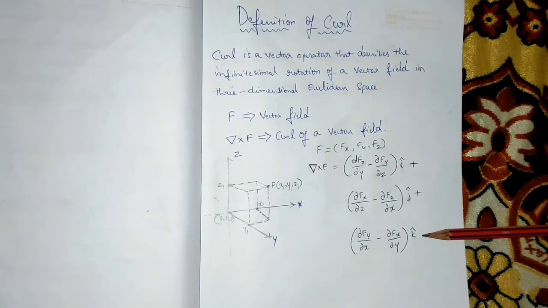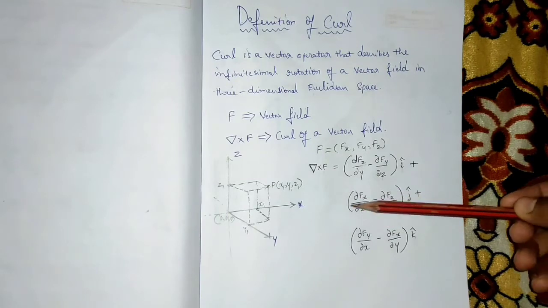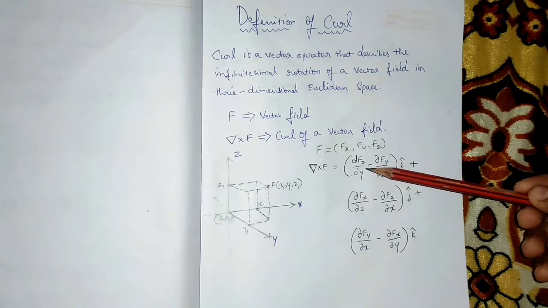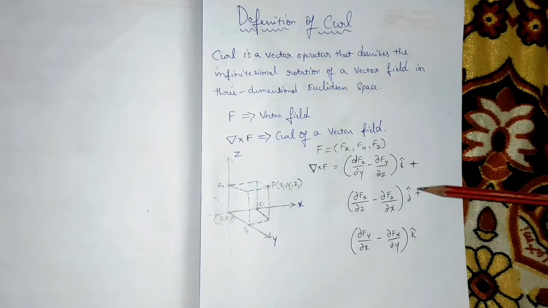Similarly, j cap and k cap are the unit vectors in the direction of y and z respectively. In this equation, we differentiate a component along one axis, subtract another, and sum everything together to get the curl.